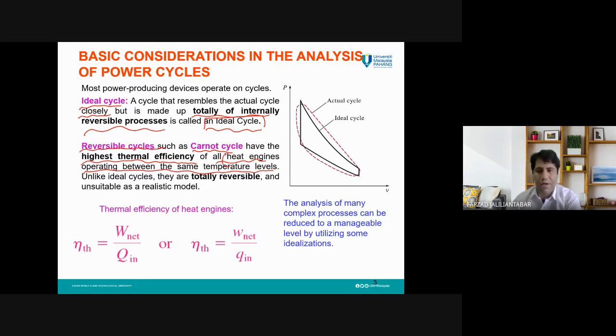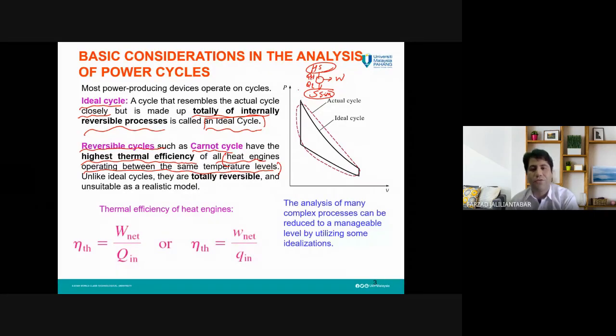If you remember, a heat engine is a device operating between two reservoirs, a heat source and a heat sink. It gets QH from its source, gives QL to the sink, and produces work.